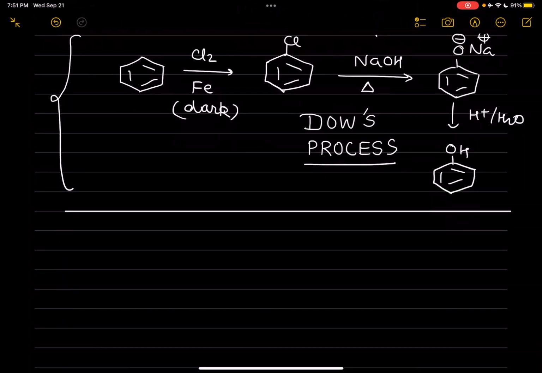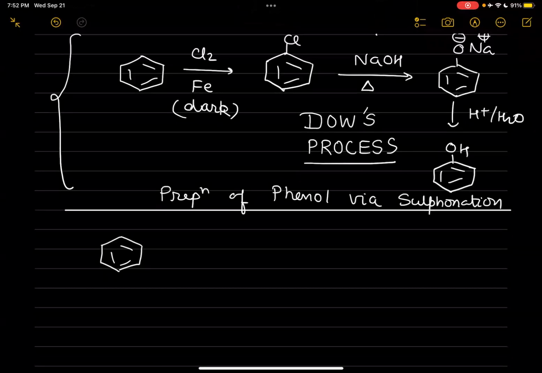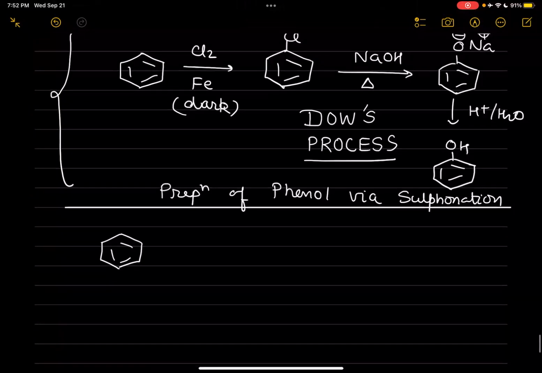So the other method is via sulfonation. Again, you can't have an OH group directly connected on the benzene, because on benzene at all positions you have hydrogen, right?